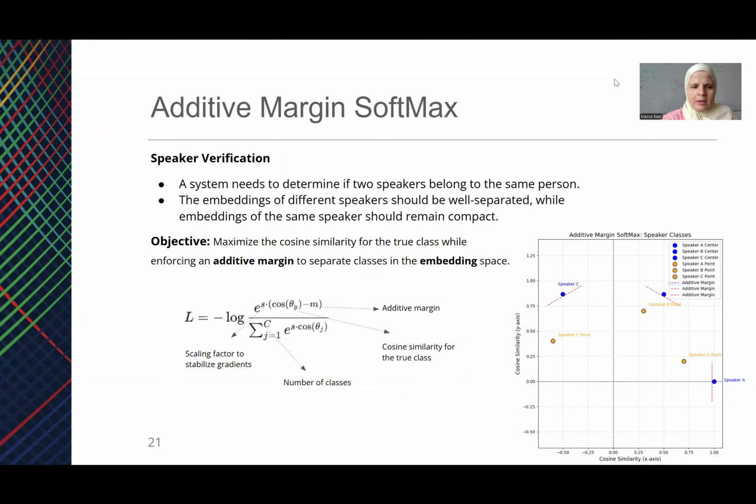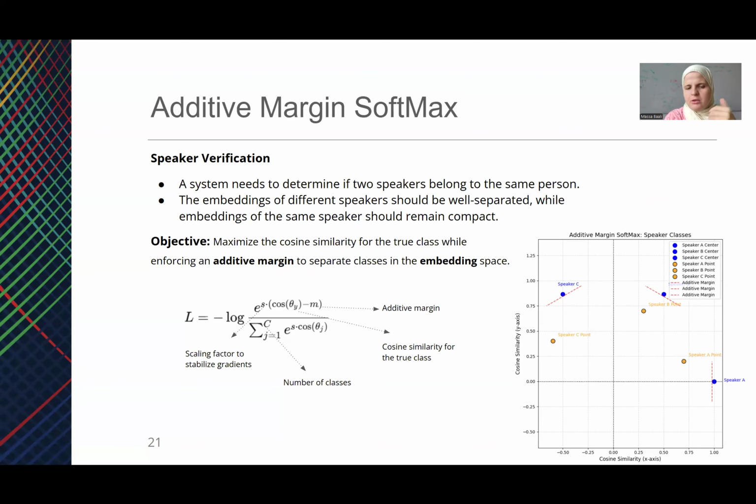So for example, again, let's think about speaker verification here. The system needs to determine if two speakers belong to the same person, and the embeddings of different speakers should be well separated, while embeddings of the same speaker should remain compact.